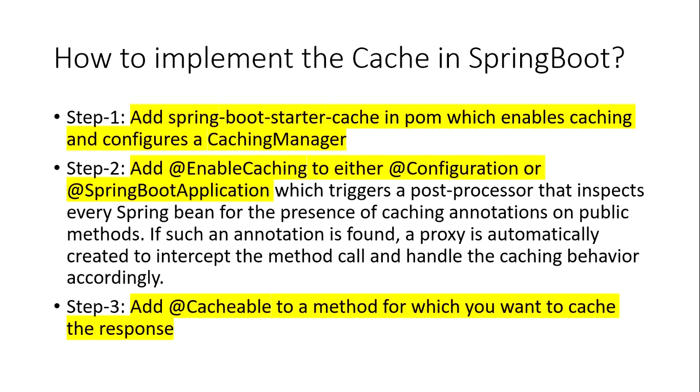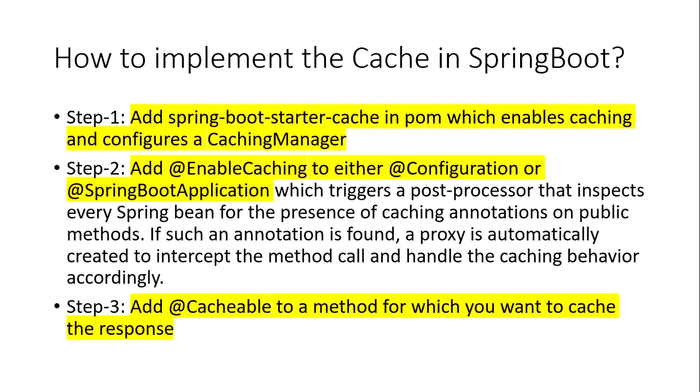For example, if you have a particular caching provider, that provider might have implemented this cache manager, and then it will try to auto wire that respective cache manager. That's what auto configuration takes care of, right?